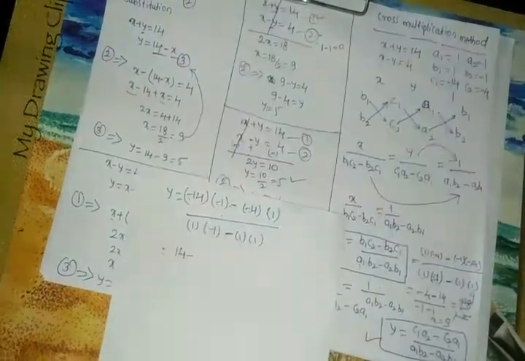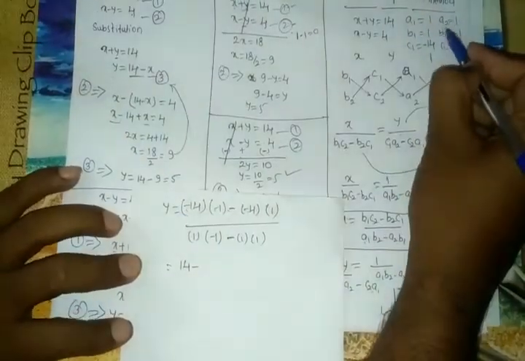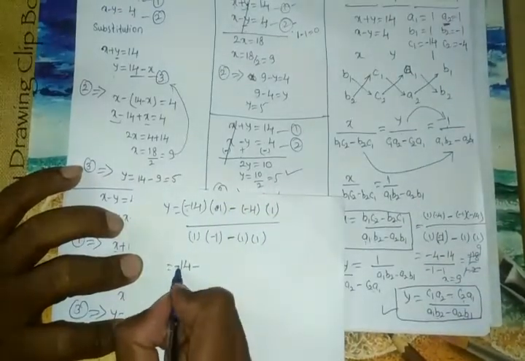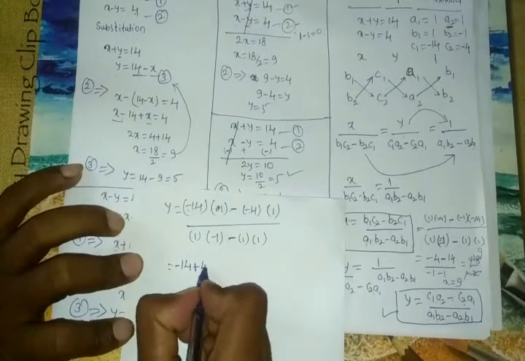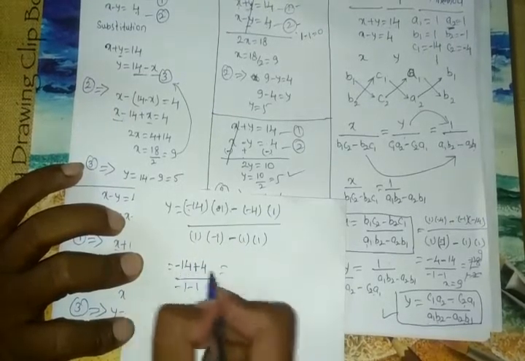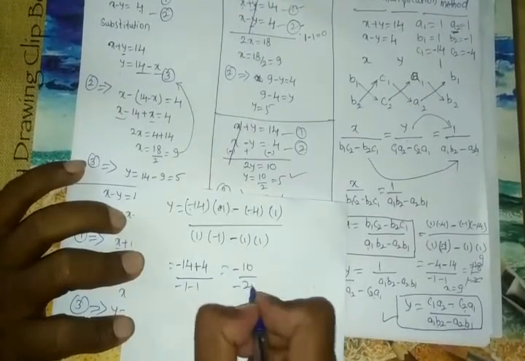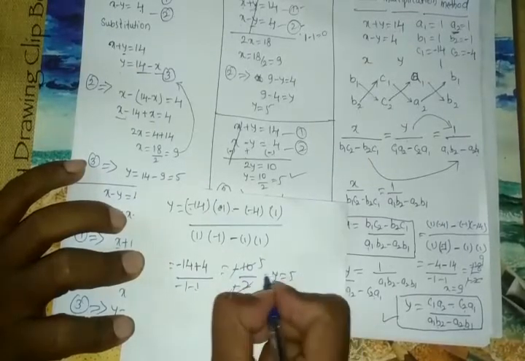Okay, sorry, here a2 is plus 1, so this will be minus 14, minus into minus, it is plus 4 divided by minus 1, and this is minus 1, so this will be minus 10 divided by minus 2, so 2 5s are 10, so value of y is 5.